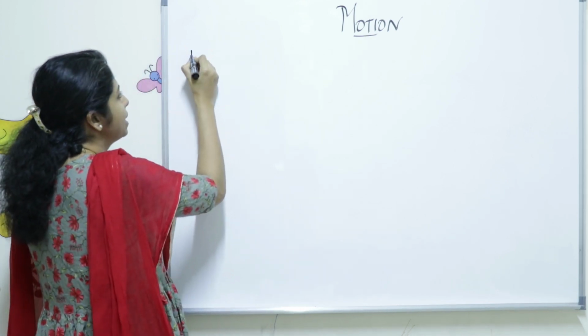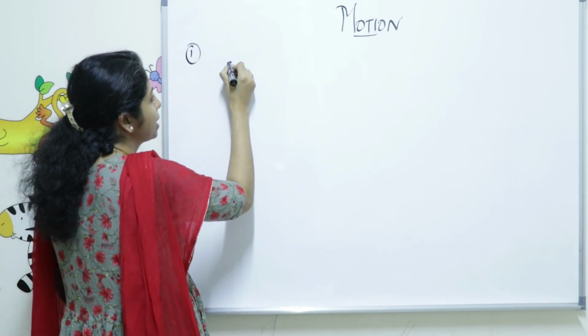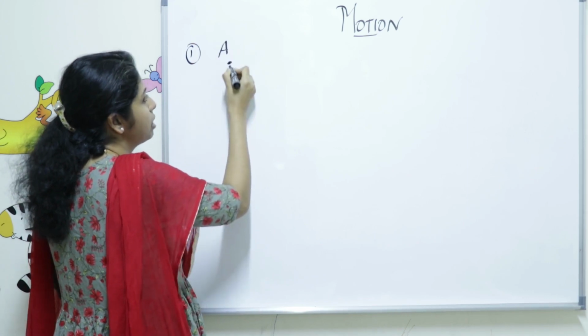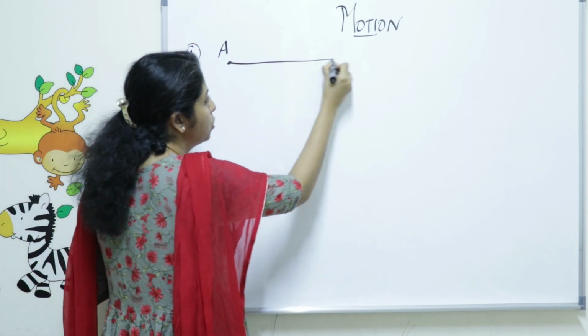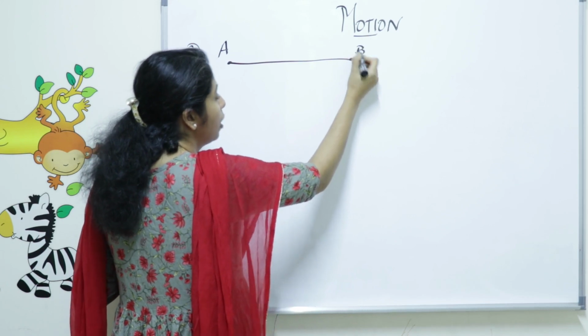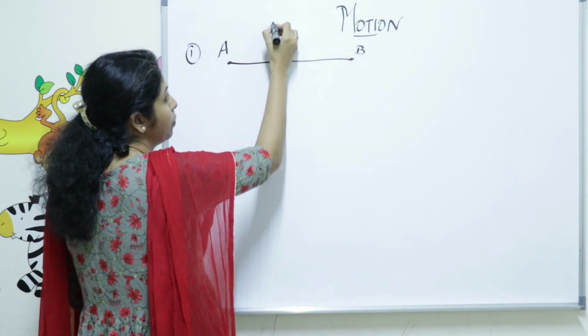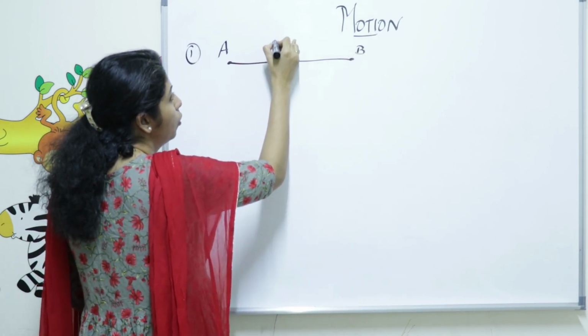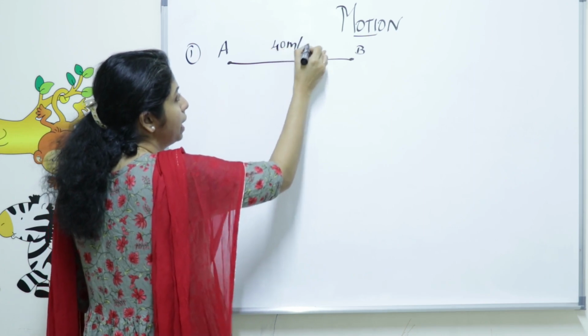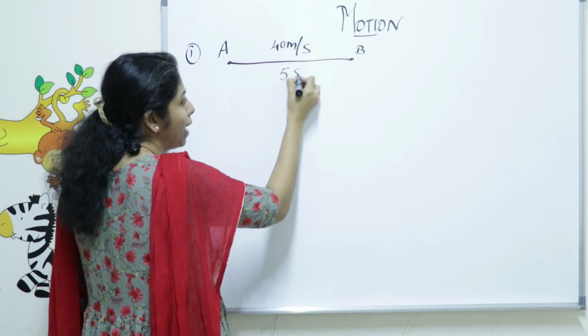In the first case, let us consider an object that travels from point A to point B with a constant speed of 40 meter per second in 5 seconds.